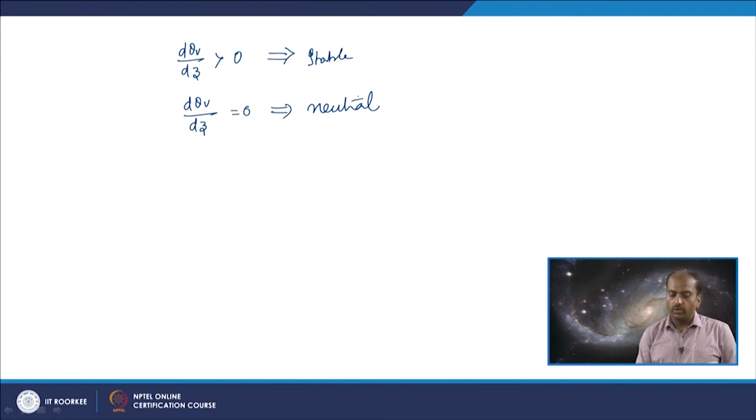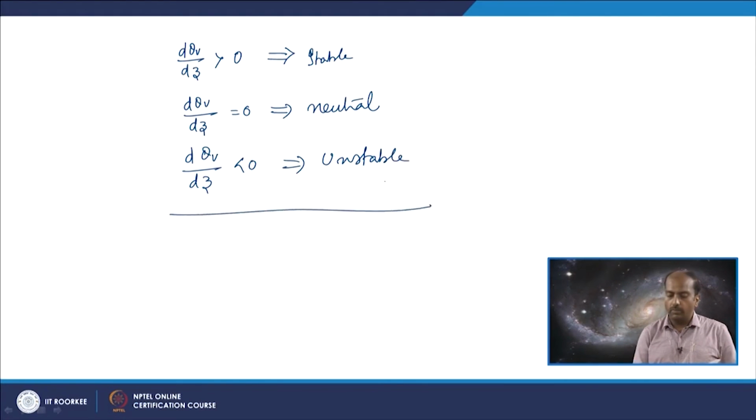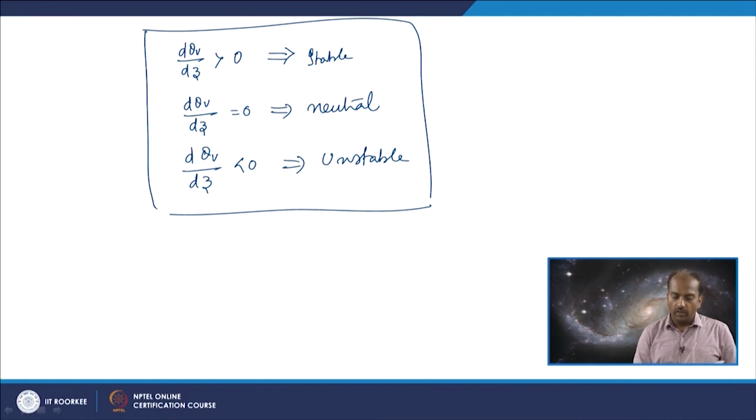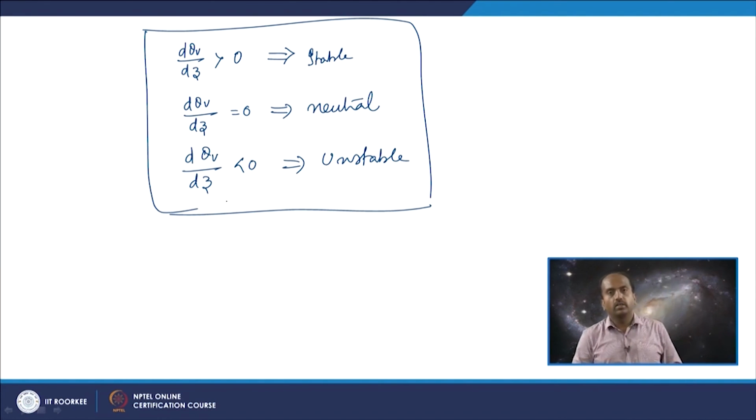When d theta v by dz is less than 0, we have unstable equilibrium. This is how we write the various types of stability criteria in terms of various types of lapse rates and temperatures.